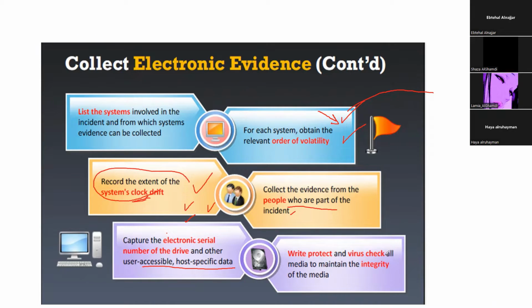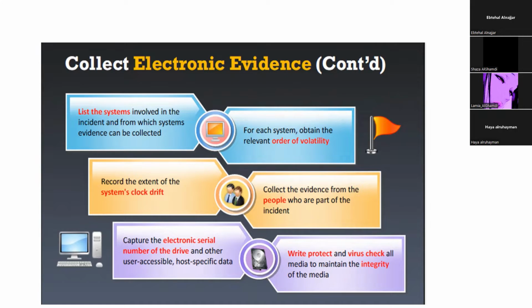Write protect and virus check all the media to maintain the integrity of the media. Write protect means you are not allowing the hard drive to have more data added, and also do a virus check. You really want to make sure that no one modifies data on the hard drive, because later on you will use it as evidence.